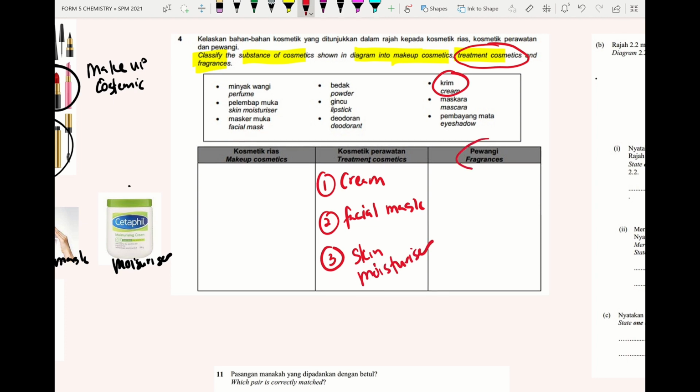Next, under fragrance we have deodorant and perfume. The rest will be under makeup cosmetic: mascara, powder, lipstick, eyeshadow. Please remember all of that is makeup cosmetic.